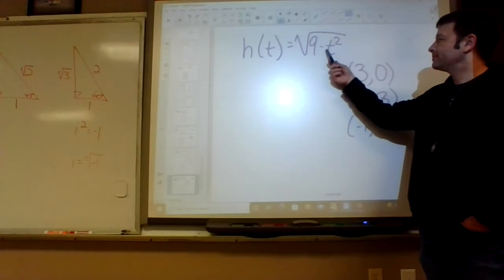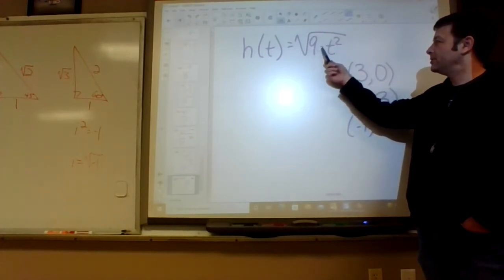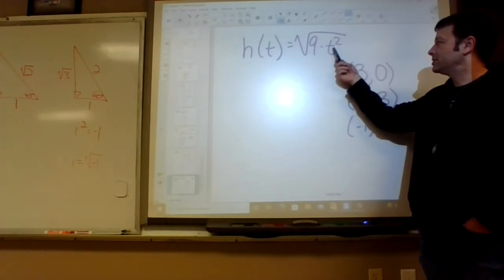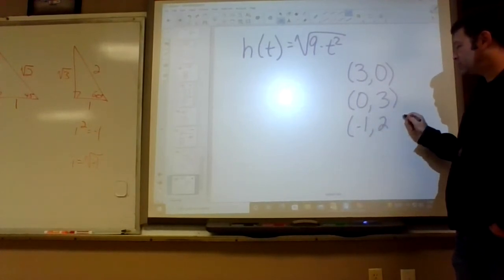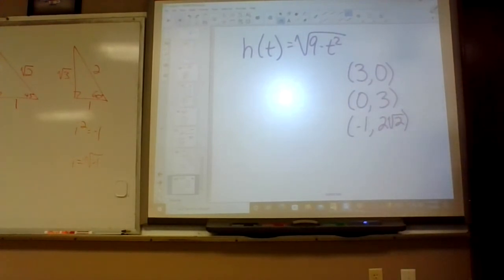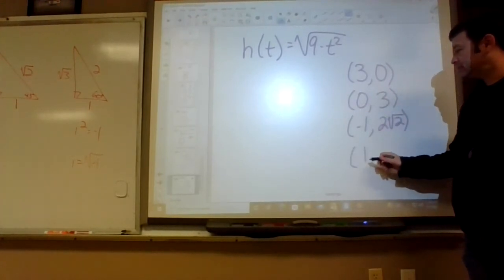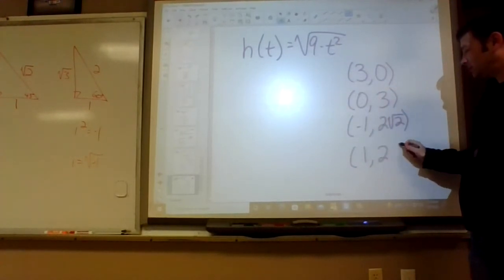What would that be? 1. 9 minus 1 is 8, so it'd be the square root of 8, which is also 2 square root of 2. What if I put in positive 1? 9 minus 1 is 8, square root of 8, same thing.